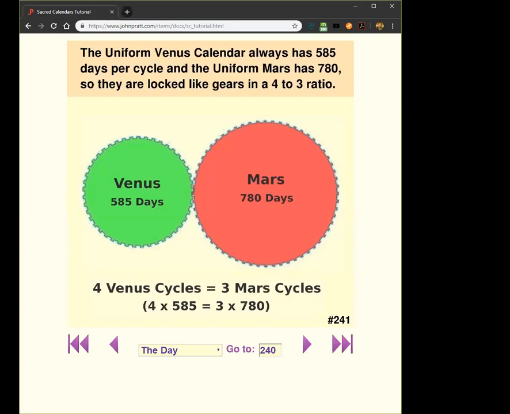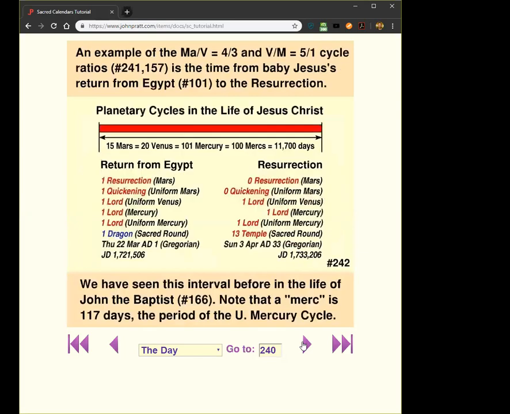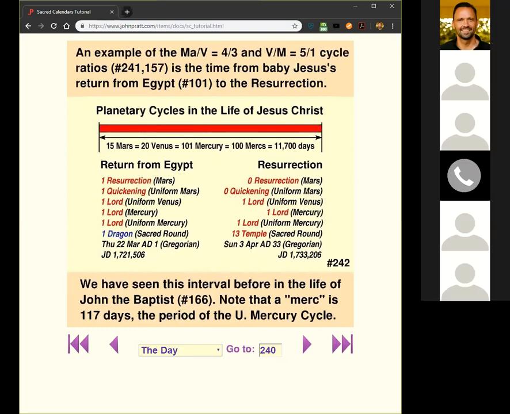Let's go to slide 242. An example of these ratios, the Mars to Venus of 4:3 and Venus to Mercury of 5:1, is in the life of Jesus Christ. From the time of baby Jesus' return from Egypt, which we saw back on slide 101, through the resurrection, is exactly 15 Mars cycles.